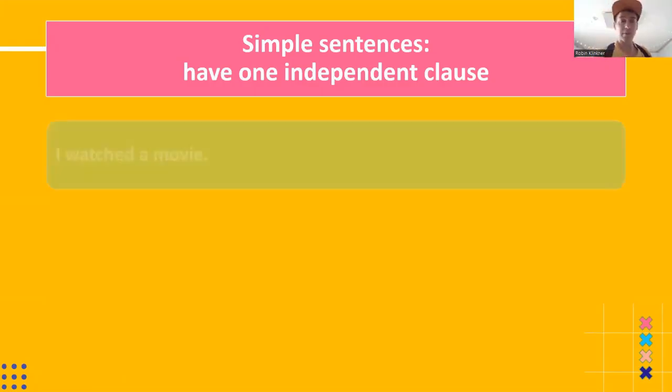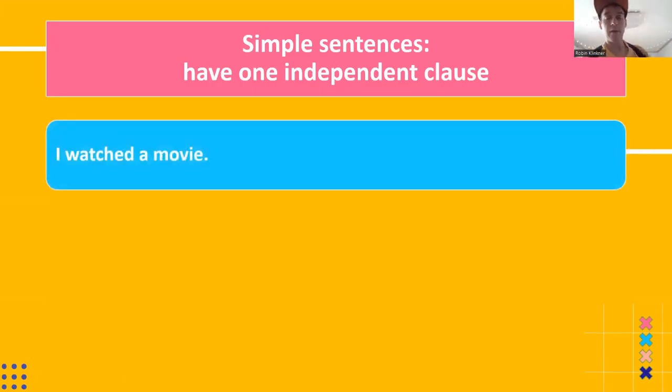Check it out. Super simple. I watched a movie. Subject, I, verb, watched. What did I watch? A movie. That is a complete thought. If I told you I watched a movie, you're like, oh, cool. What movie did you watch? You know what I mean. It's a complete thought.